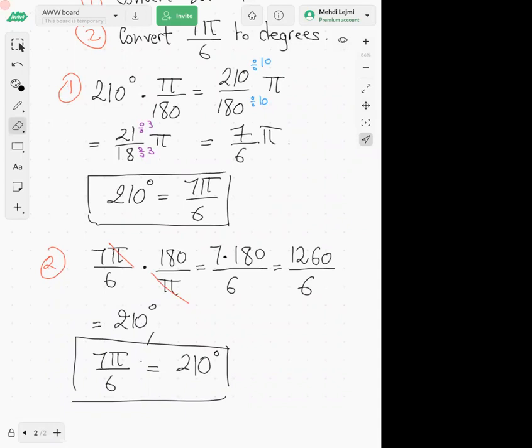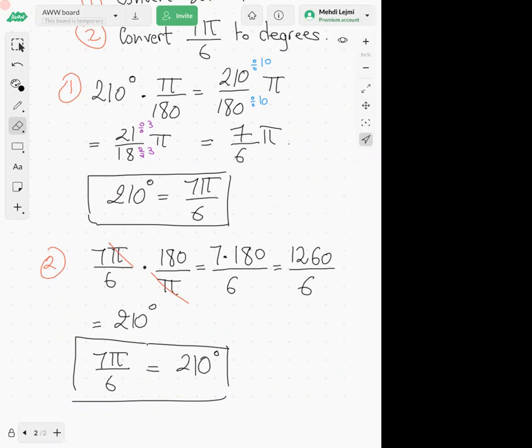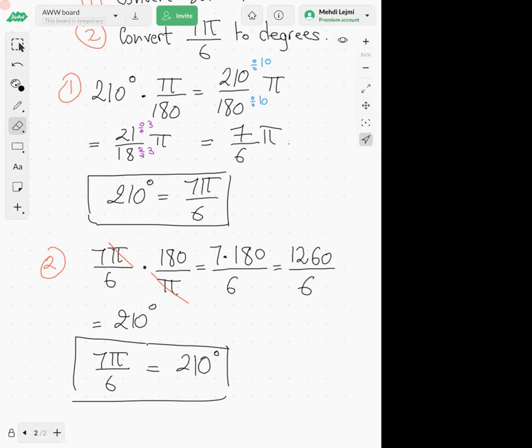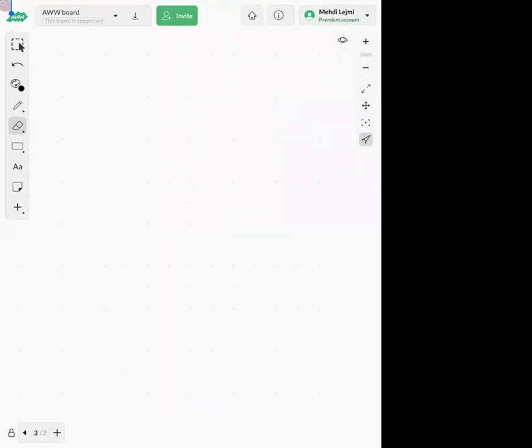This one doesn't really seem that difficult. Yeah, it's not difficult to convert from degrees to radians or radians to degrees. Okay, thank you, that was all. No problem.